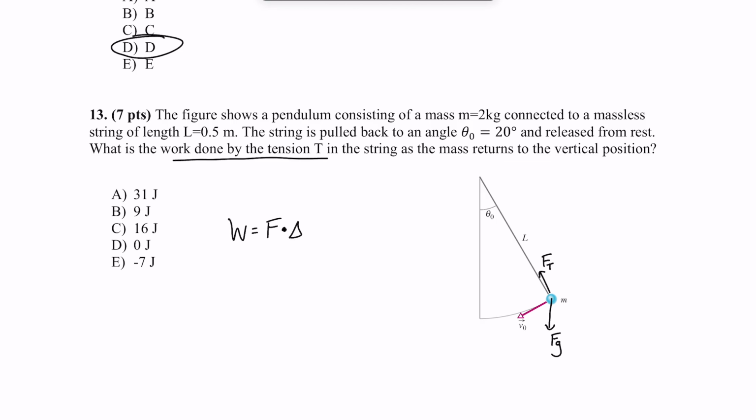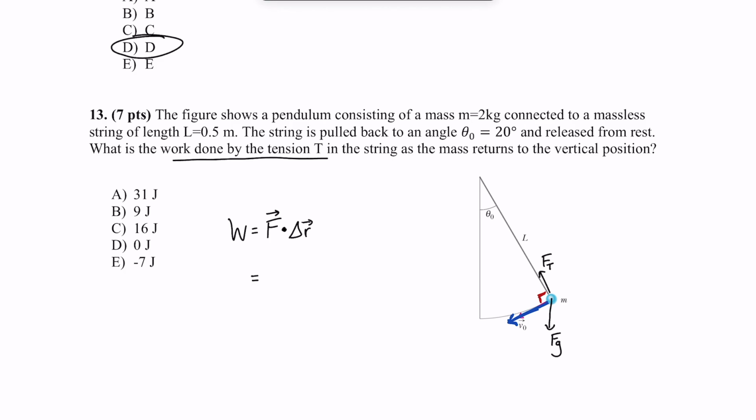However, work is force dot displacement, and the displacement of my object is always tangent to the circle. And so if I take a closer look, the tension force and the direction of motion are always going to be perpendicular to each other.